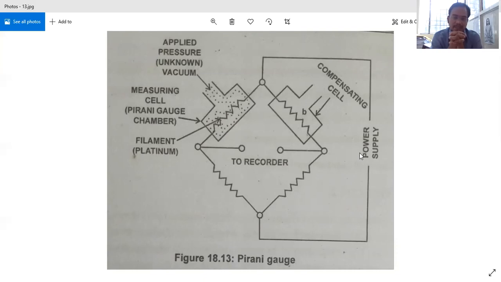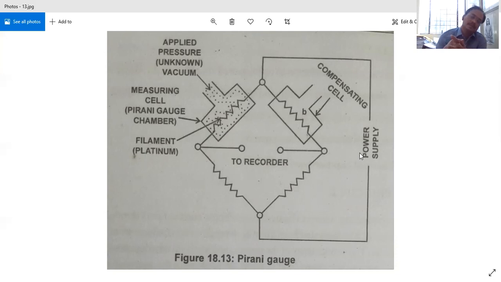The faster the rate of heat dissipation, the greater the cooling, and the resistance will vary accordingly. Depending on the change in resistance, the pressure will be calibrated. That is the basic principle here.